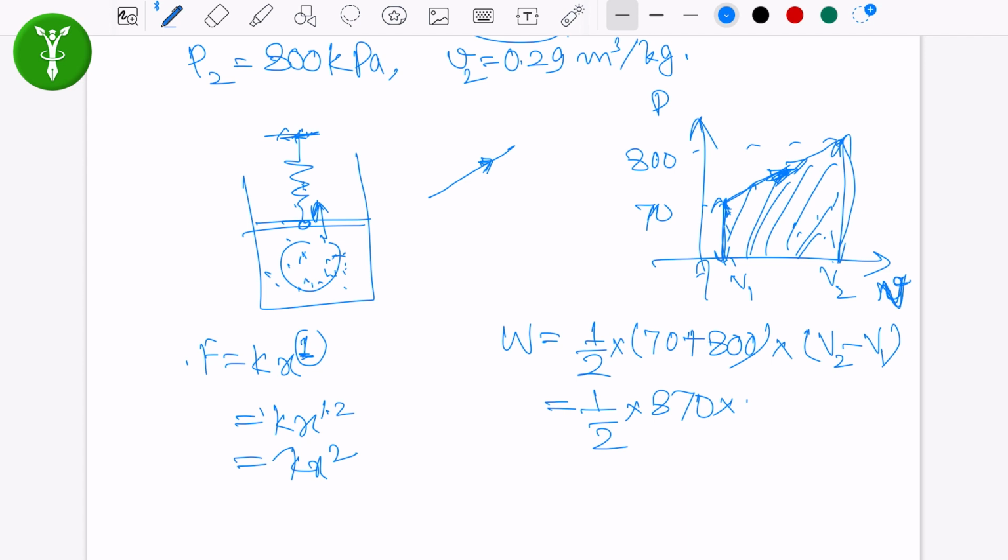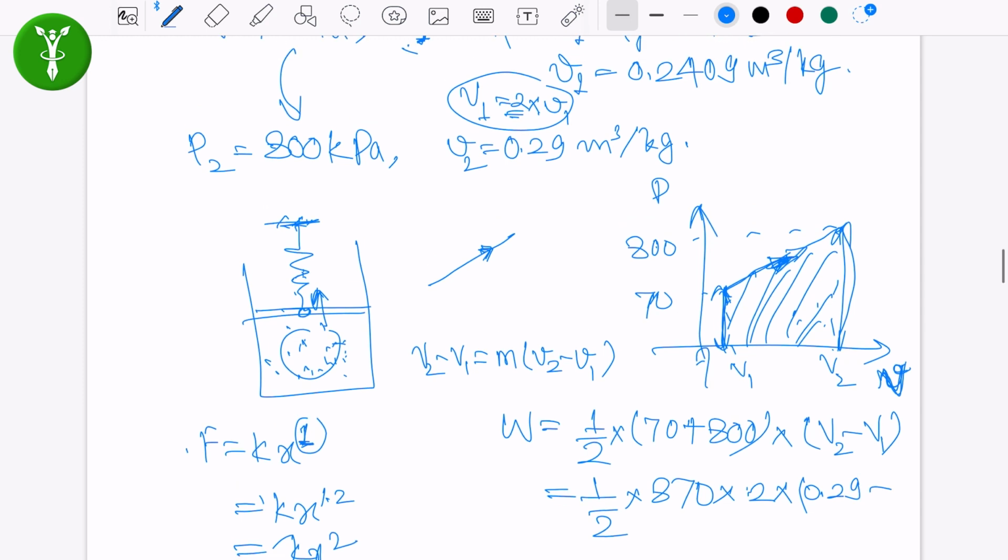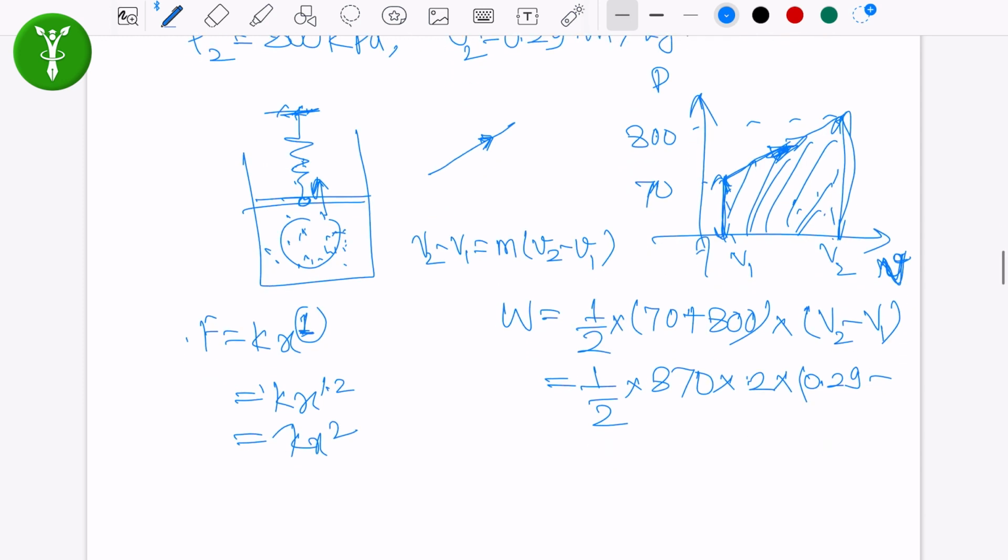V2 minus V1 we can write as m into small v2 minus small v1. Small m is 2, v2 is 0.29 and v1 is 0.2409. If we calculate this, we'll get 42.717 kilojoule.